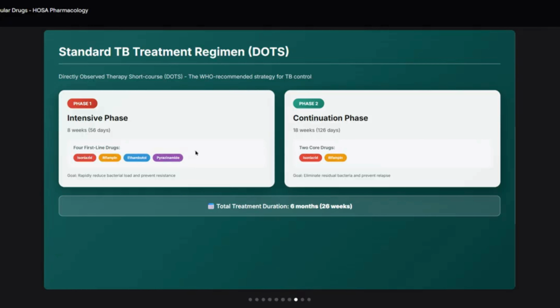Usually, phase 1 is much safer and less risky than phase 2, which has higher risk for toxicity and is usually less effective. As you can tell, the total duration is really long.